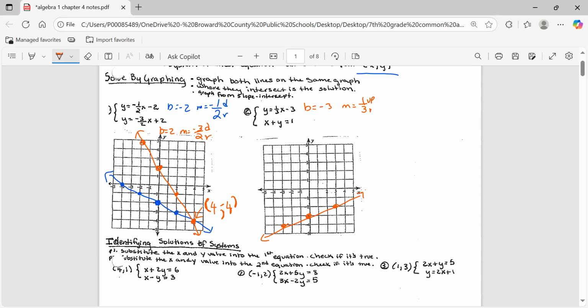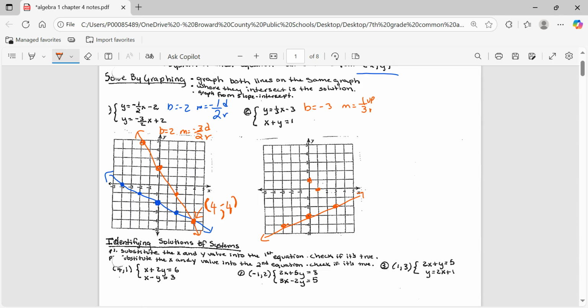For the next one, I want to graph it. I could graph it from standard form, where my x-intercept is 1 and my y-intercept is 1.